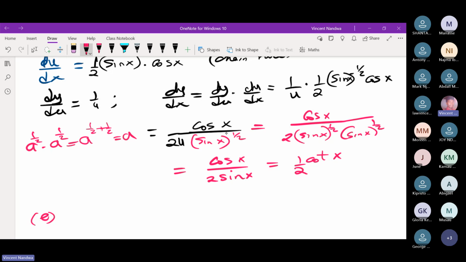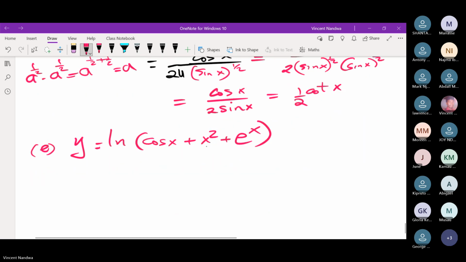So the other one is y equals ln of cos x plus x squared plus e power x. So what will be the starting point in this case? How do we start?